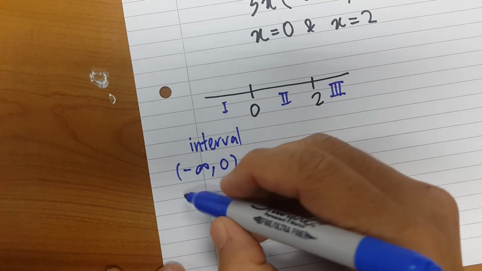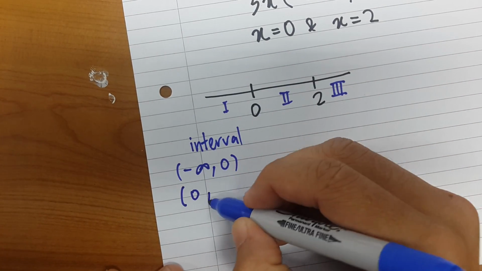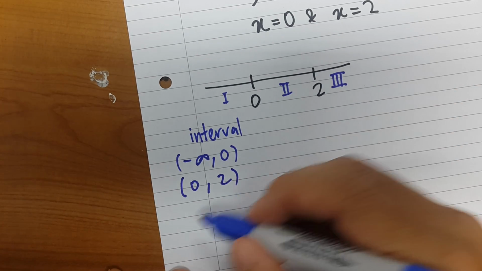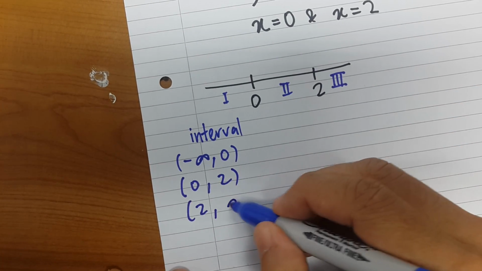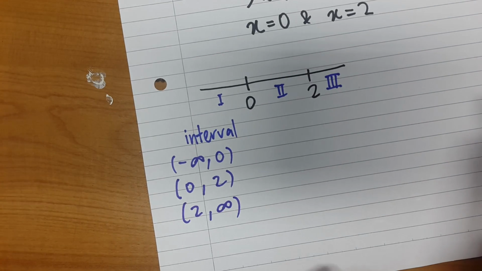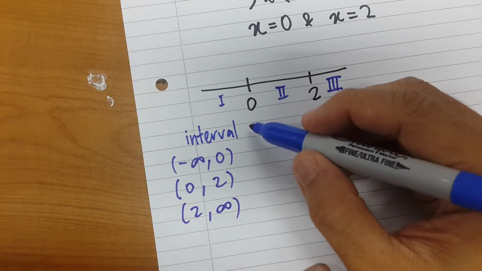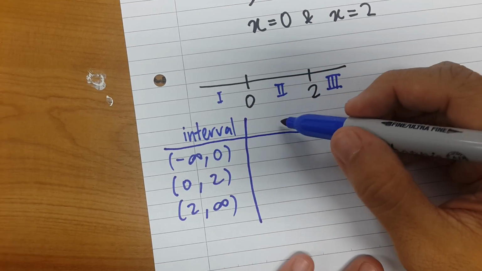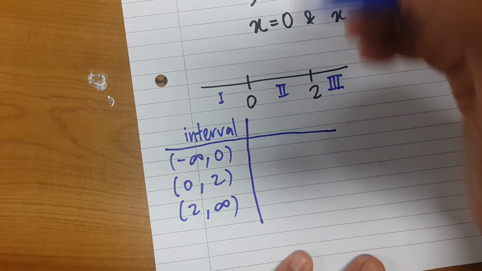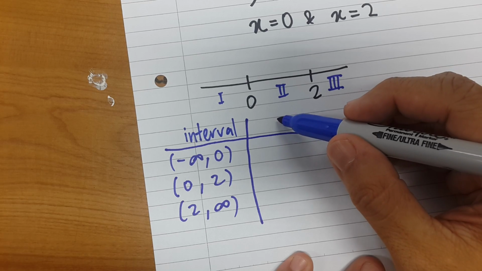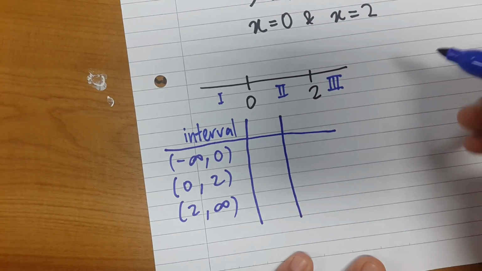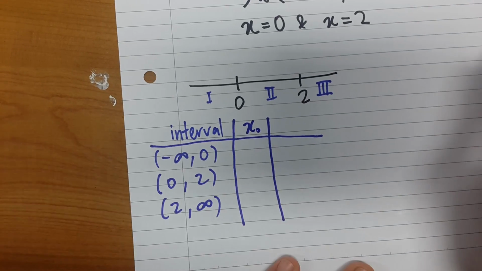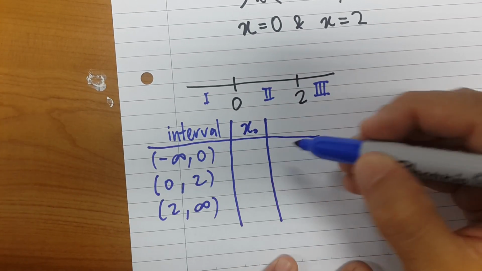The second section would be from 0 to 2, and the last section would be the interval from 2 to positive infinity. Alright, so we're going to pick a number within each interval, and substitute it inside f prime x to see whether it's positive or negative. So we're going to pick an x naught, one number inside each interval.